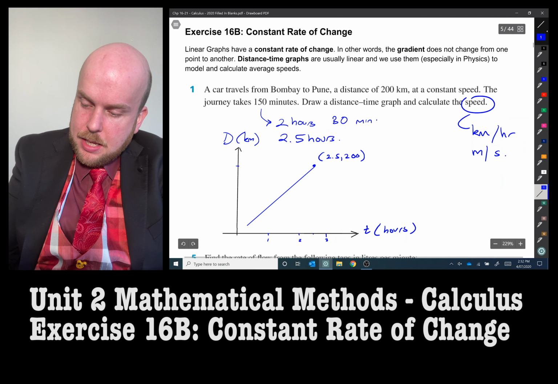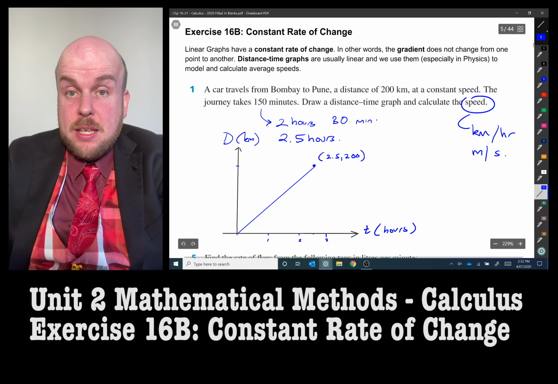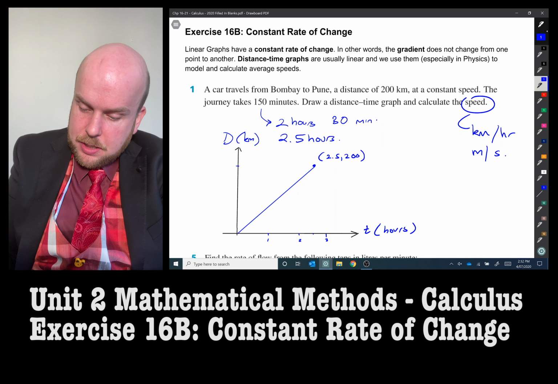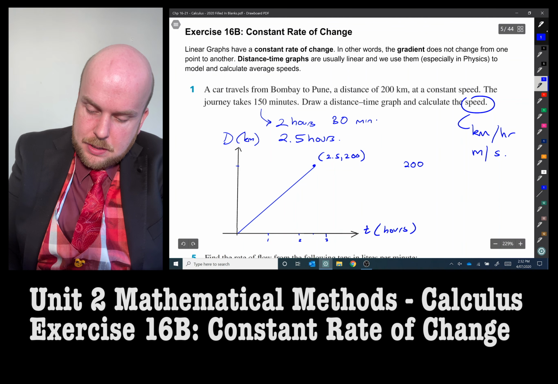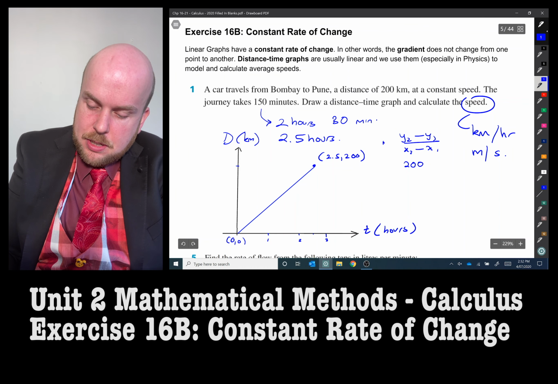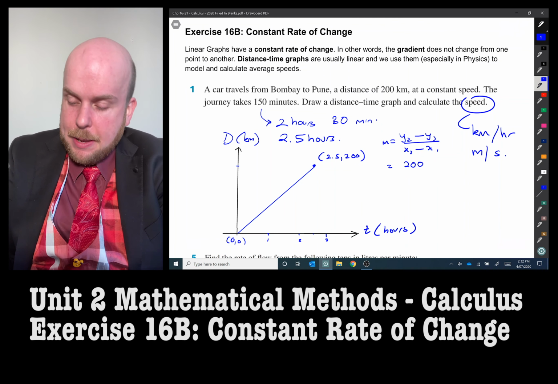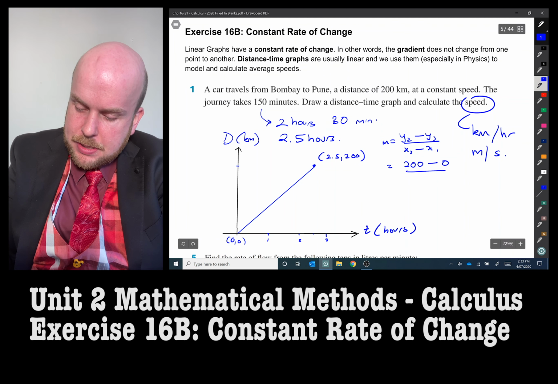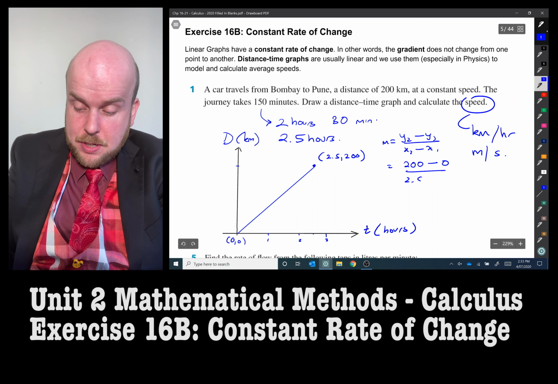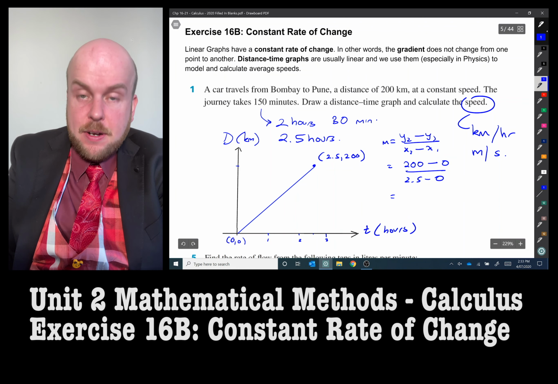So what is the speed? The speed for this one is going to be 200. Remember, this is y2 minus y1 over x2 minus x1. That's going to get me my speed. Remember, this is a gradient. Gradient is represented by m. 200 take away 0 over 2.5 take away 0, which is equal to 200 divided by 2.5.